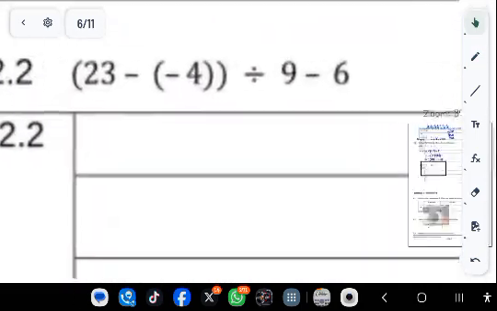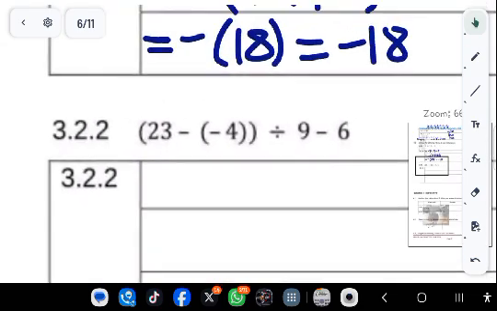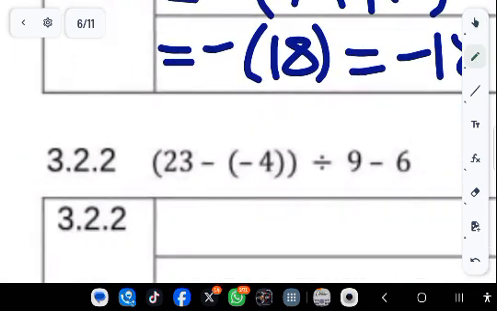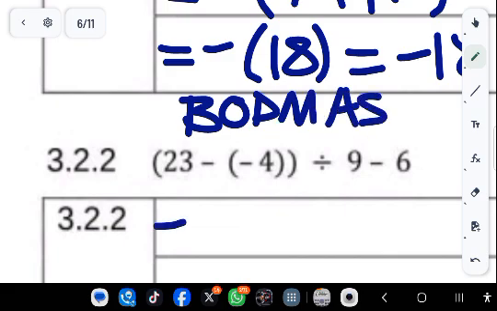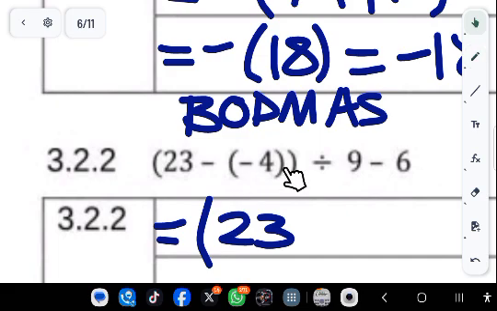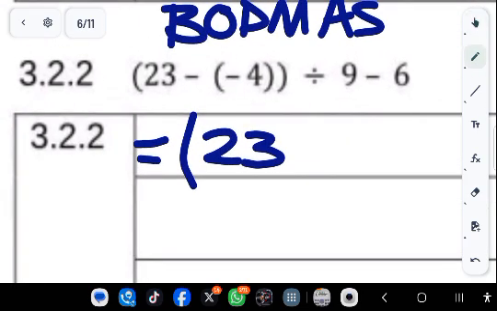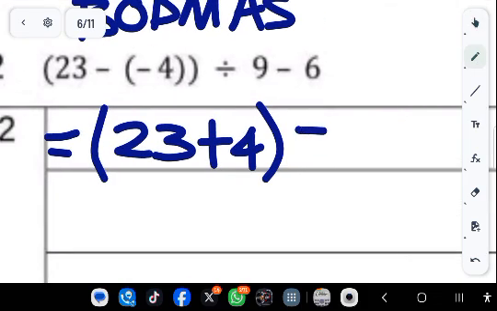23 minus negative 4 divided by 9 minus 6. Remember to always use the rule of BODMAS. So we will start with what's inside the brackets. For the big brackets first, that will be 23 minus negative is positive, so that will be plus 4 in brackets, divided by 9 minus 6.